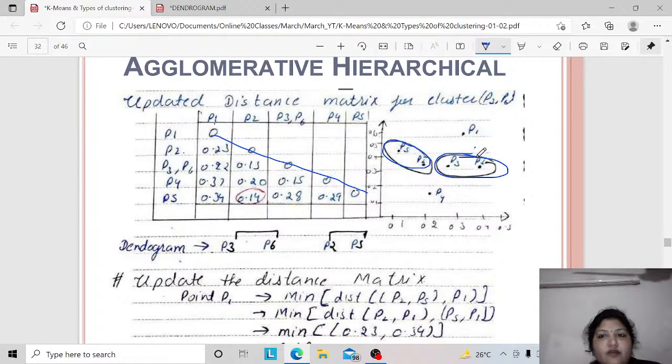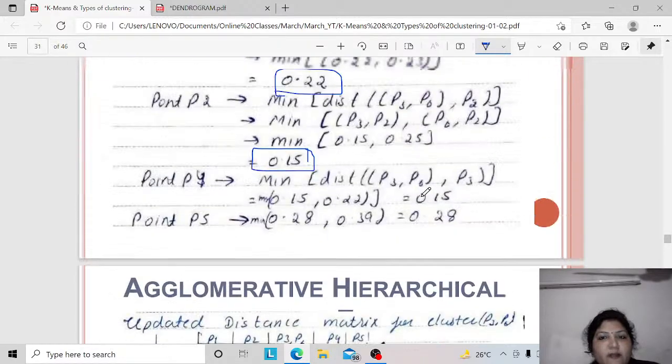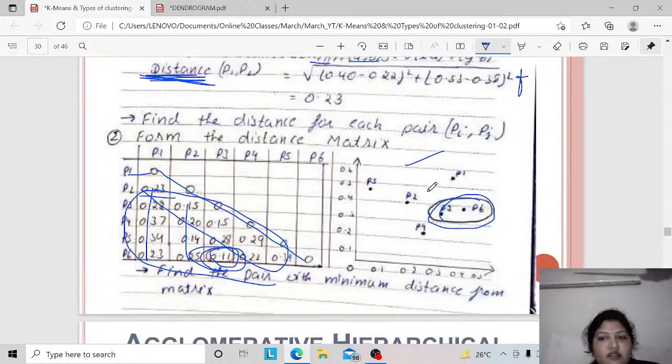Here you can check it out, 0.14, right? It is having the minimum distance from all the data points. So you are going to make the cluster of P2 with P5. Another cluster would be P2 and P5, and one cluster is already made, P3 and P6.